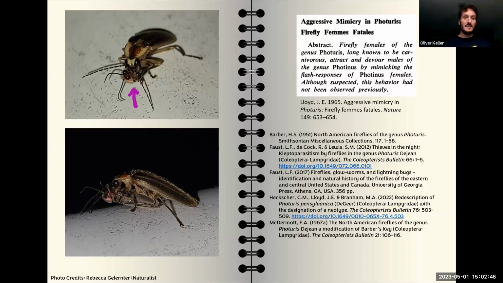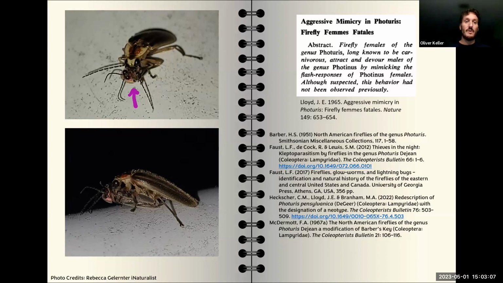This is probably one of the coolest things about fireflies that Jim was lucky to observe and share with us. It's a really cool thing to actually see in nature. I've observed it once, didn't have my camera with me, but yes, look out for this.